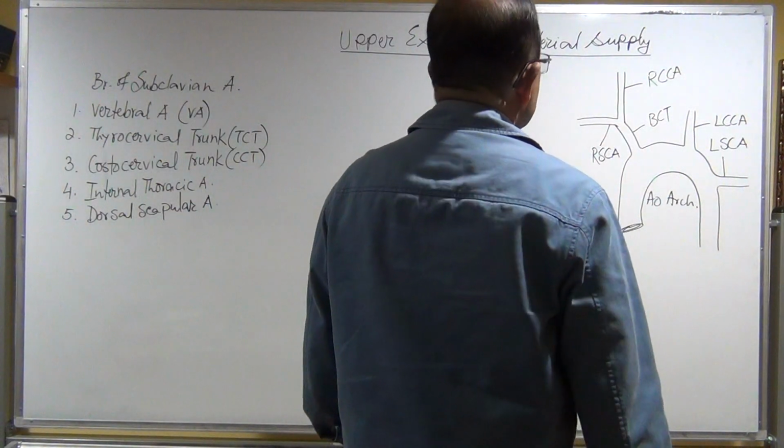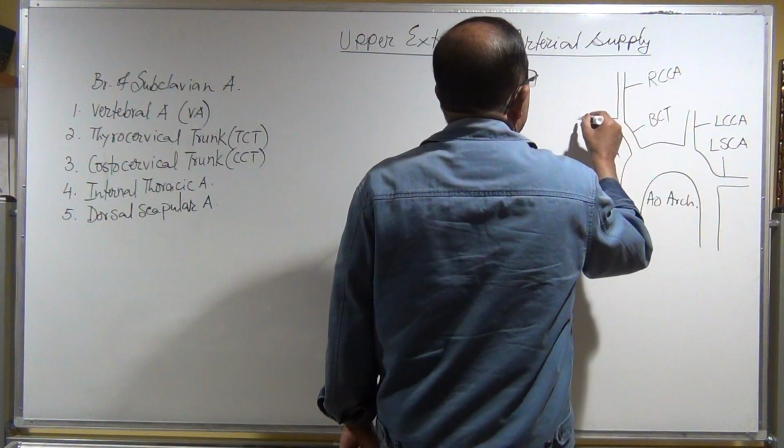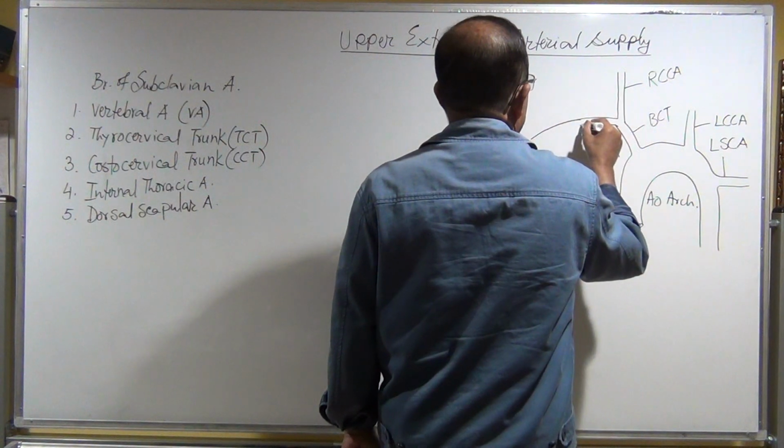So now, let me show you first that the subclavian artery is going to the upper extremity.